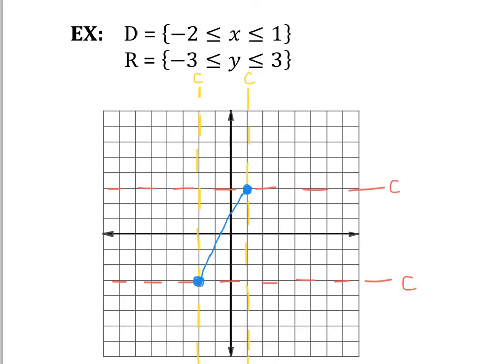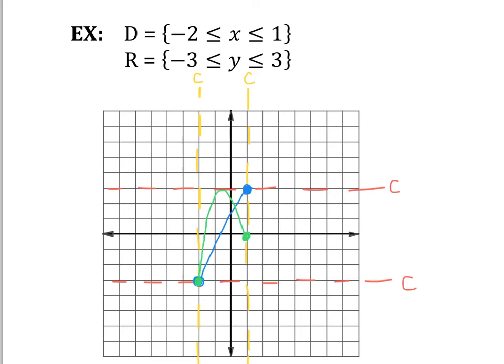Okay, so maybe I start in the same place as we did here, closed circle, but this time I'm not going to go up to that far right corner. I'm going to hit this ceiling, and then I'm going to come back down, and maybe I end up over here. Do I still meet my requirements?